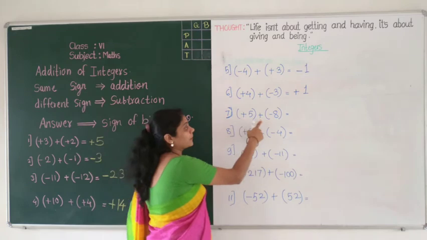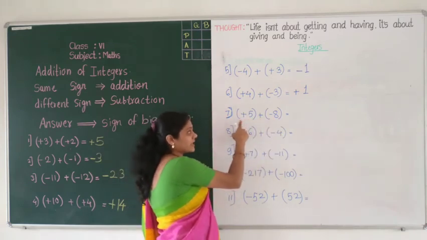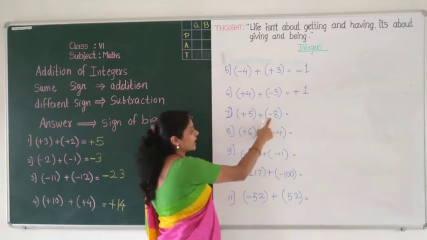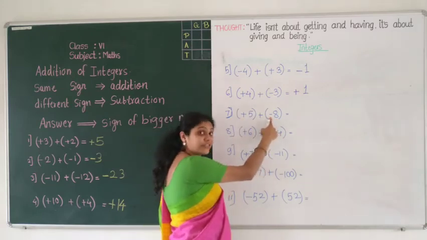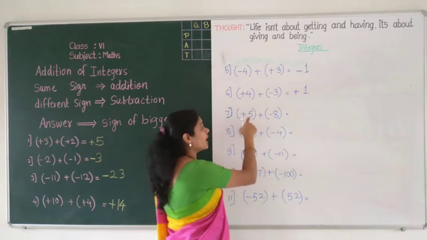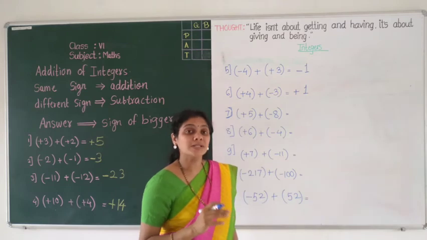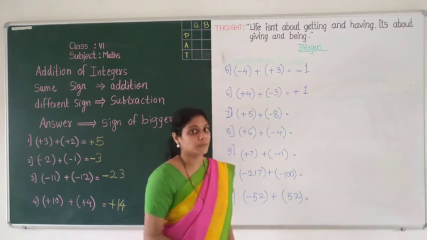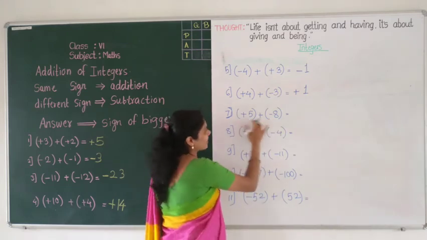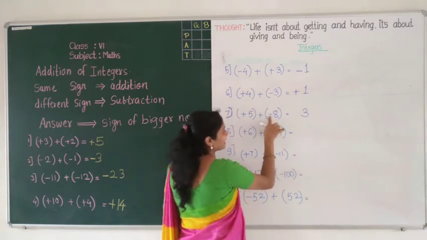Positive 5 plus negative 8. 5 has a positive sign, 8 has a negative sign. Both signs are different. So here we will do subtraction. So 8 minus 5, while subtracting we have to subtract the smaller number from the bigger number. So 8 minus 5 is 3. 8 is the bigger number and its sign is negative.